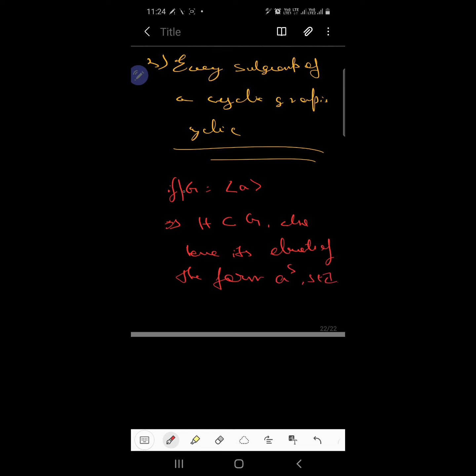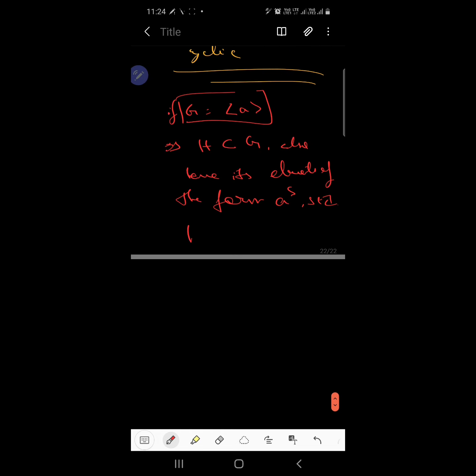Because G has all its elements of the form a to the power n, where n belongs to the integers, and H has all the elements which are also there in G. Since the elements of H belong to G itself, we can say that all the elements of H are also of the form a to the power s, where s belongs to the set of integers.